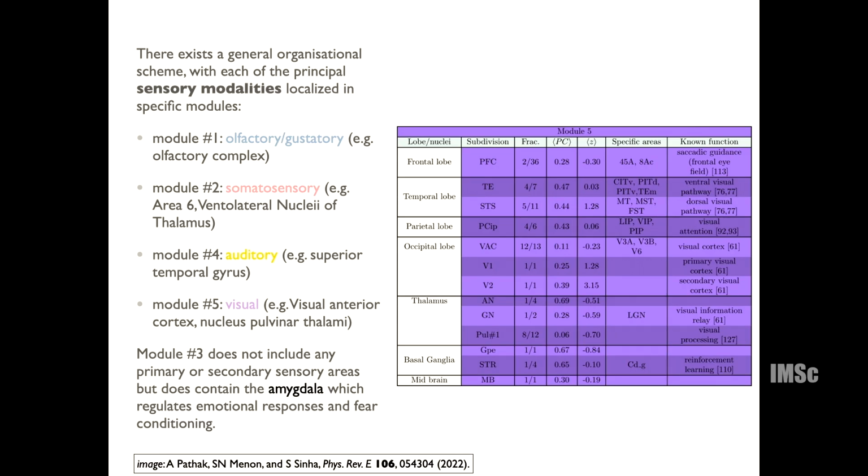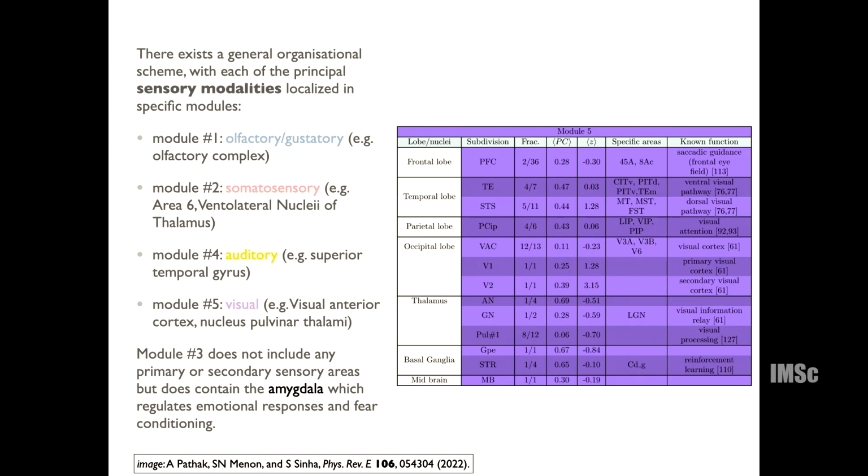What we've written down over here are some known functions of some nodes that belong to these regions. Interestingly, for module number 5, you notice something very interesting. There's a lot of functionality associated with vision, right? So vision information relay, visual cortex, ventral visual pathway, and so on.